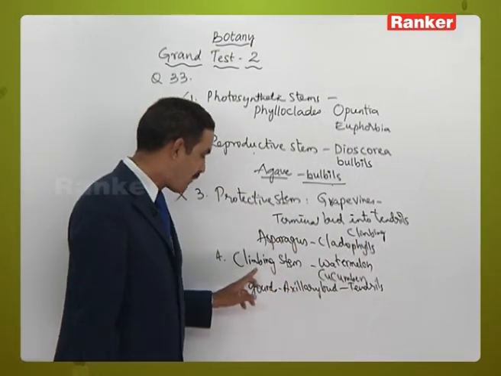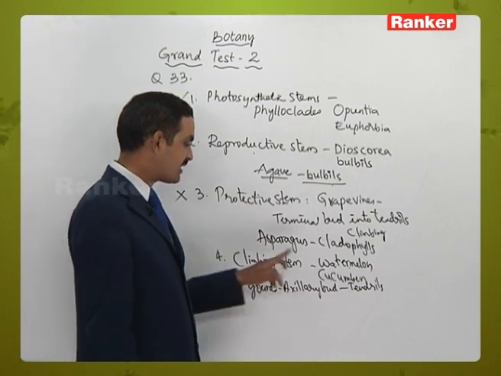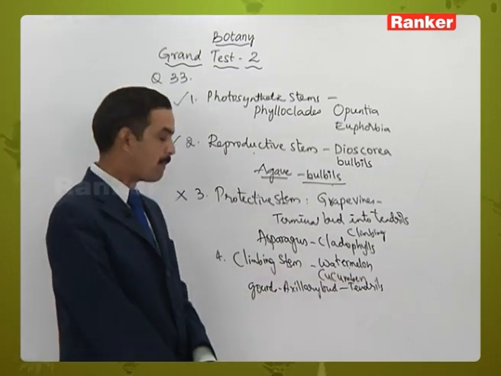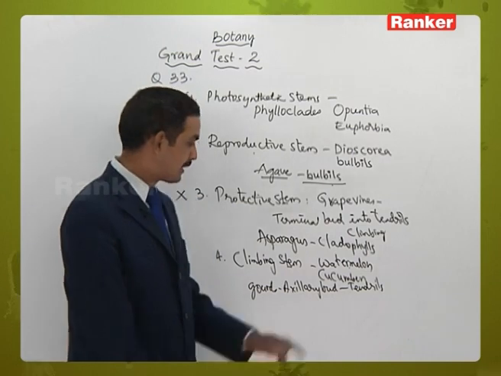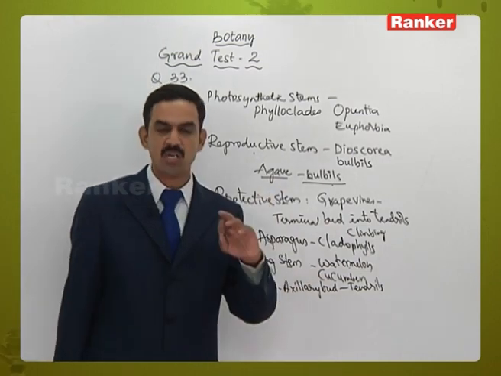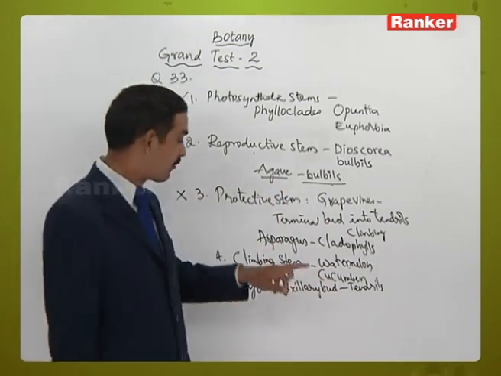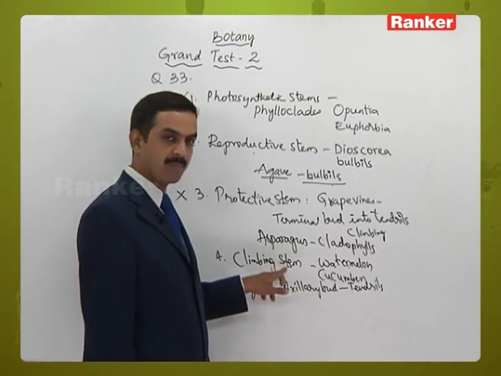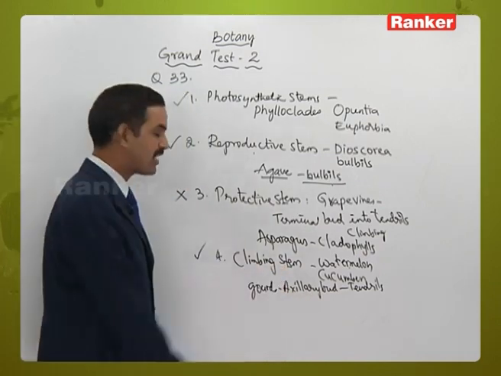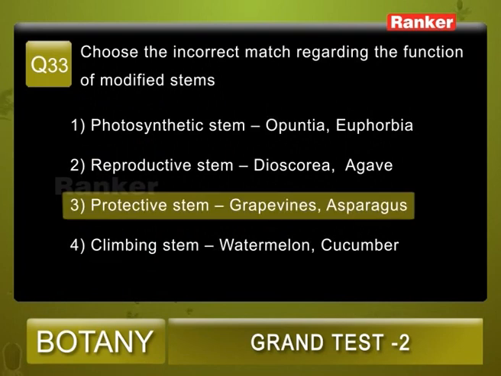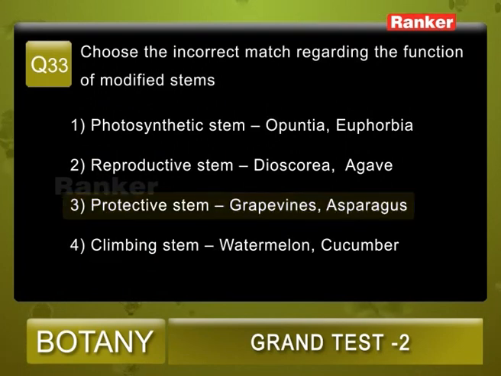The axillary bud is a part of the stem, so the stem is helping for climbing. These plants climb the support with the help of tendrils coming from the axillary bud, which is a part of the stem. So the fourth combination is correct. From this, the incorrect combination is the third one. Question number 33, the correct answer is 3.